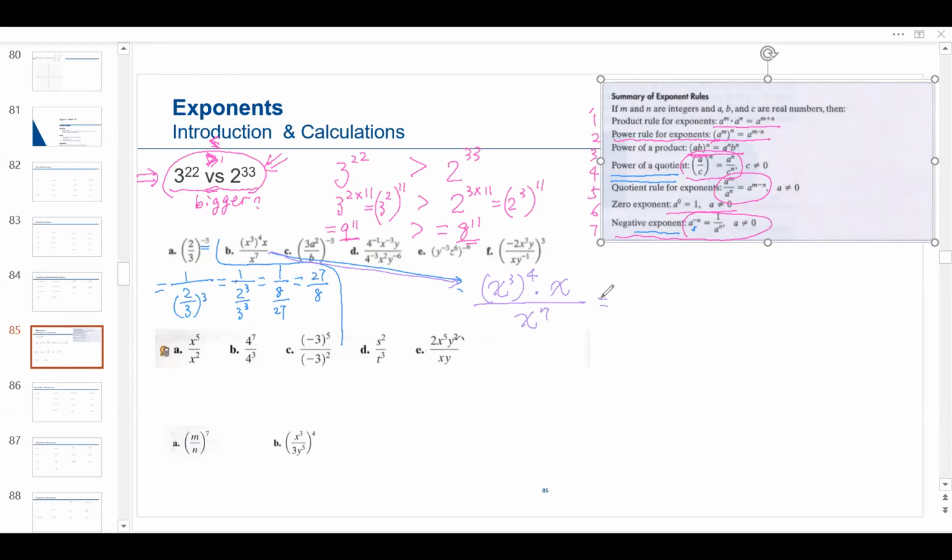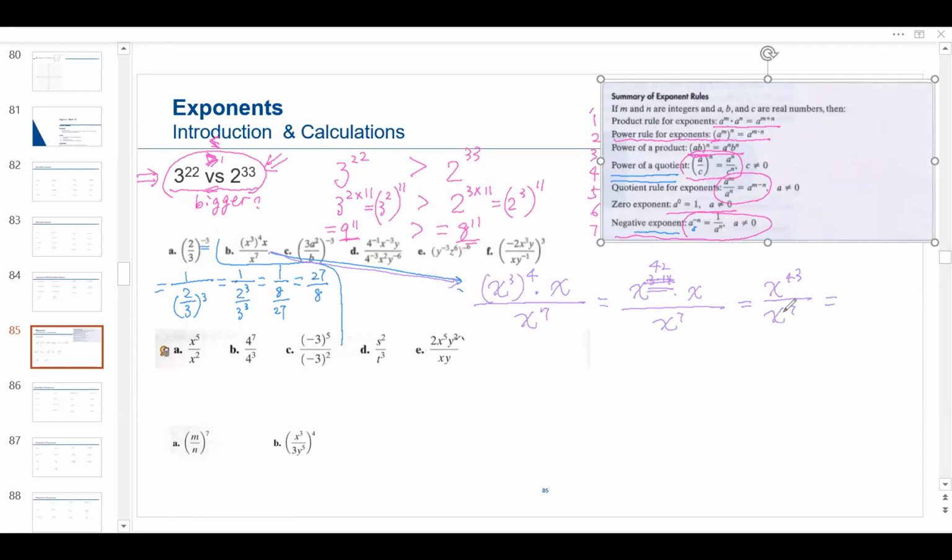We see the top part. Top part x power 3 is 3 times 4, right? 3 times 4. So here it became what? 12, right? 12 times 1. So we got x power 43 divided by x power 7.